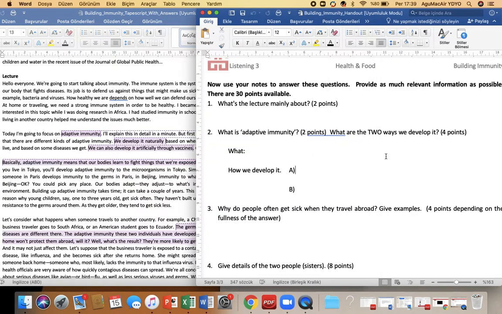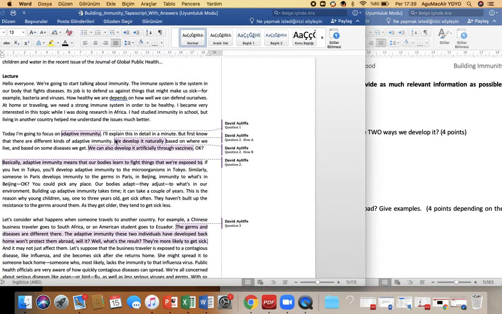So this is the answer, right? And the second one is about the definition of adaptive immunity, the first part. What is adaptive immunity? You need to write the definition you heard, right? And the other one is, what are the two ways we develop it? So look at this, adaptive immunity. There are two ways we develop it, right?